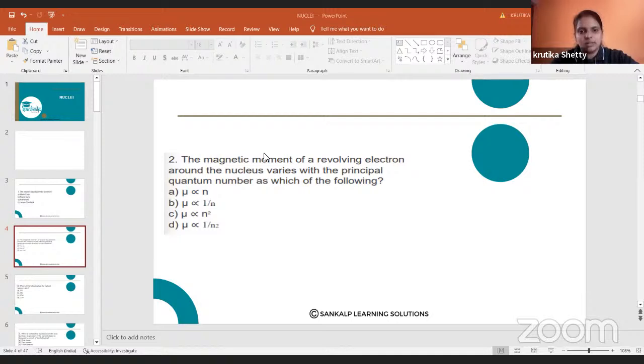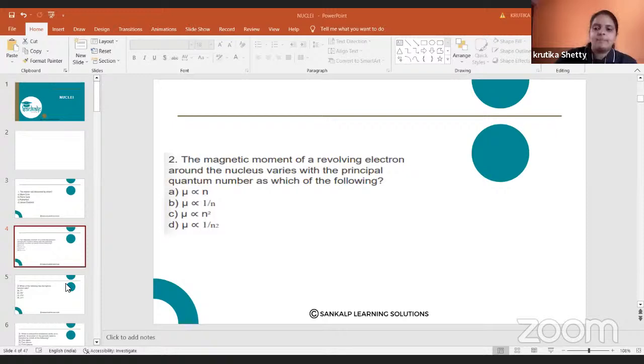Mu is proportional to the principal quantum number n, or it is inversely proportional, or inversely proportional to the square of the principal quantum number. Girish Kumar, correct. Option A is right. It is directly proportional, so the magnetic moment is directly proportional to the principal quantum number.